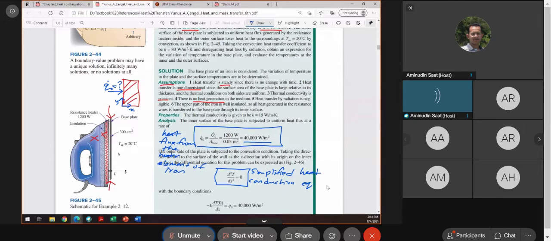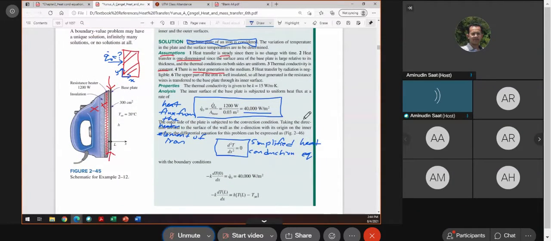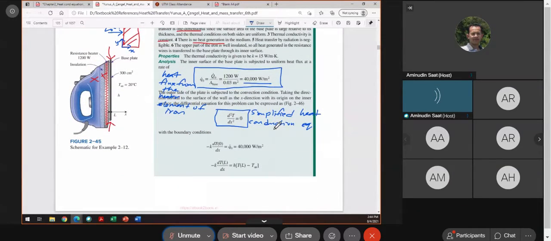You might say that there is heat generation in the resistor heater, but we don't study the resistor heater, we study the base plate of the iron. That is the heat conduction equation.